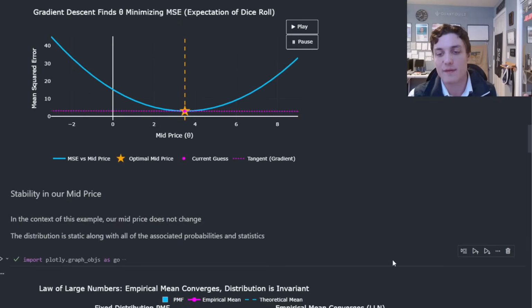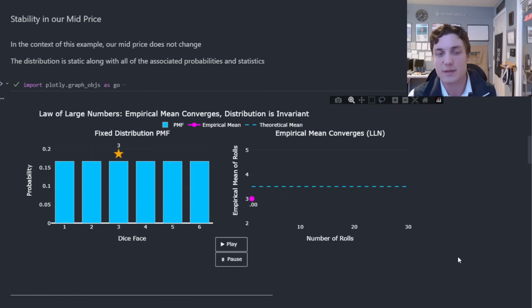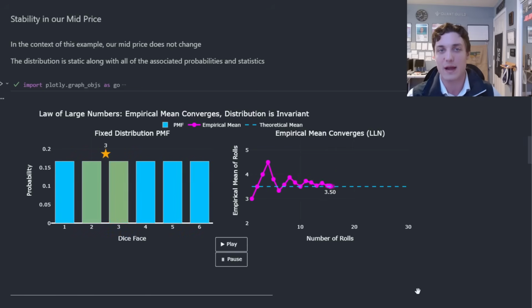How do we know that this is the correct mid price? Well, the outcome of a dice roll is fully specified by its probability mass function. In other words, the probability of rolling a 1, 2, 3, 4, 5, or 6 is fixed. It will never change throughout the life of our dice market. And what that means is all of our probabilities, statistics, and distributions are going to converge.